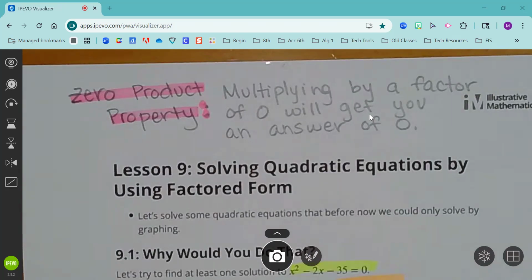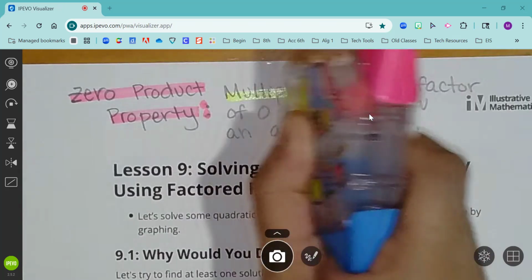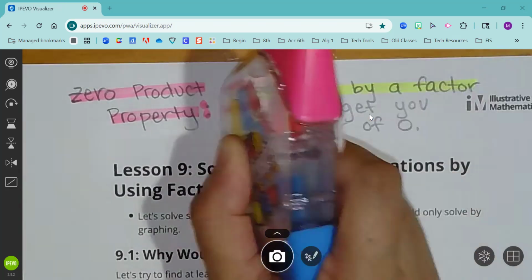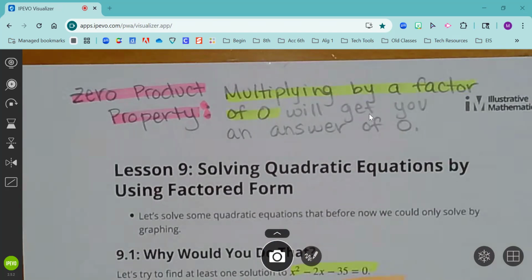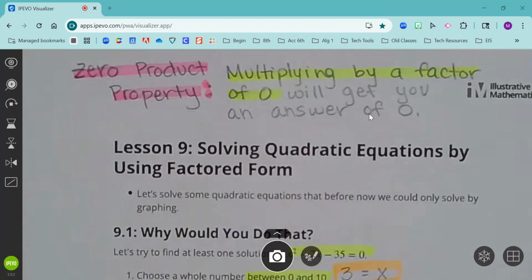Okay. So the idea again is making sure that you understand that by multiplying by a factor of zero, it's going to be essential for us in this concept, because multiplying anything by zero will always get us zero. So if we could get our expressions into factored form, then you're always going to have one factor that's going to be zero. It doesn't matter which parentheses is zero.